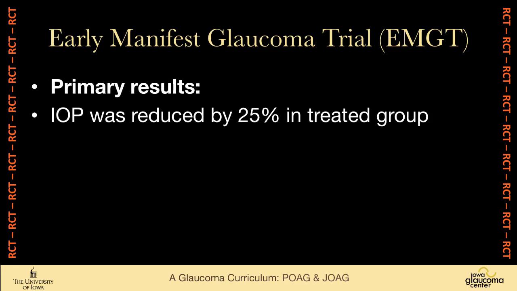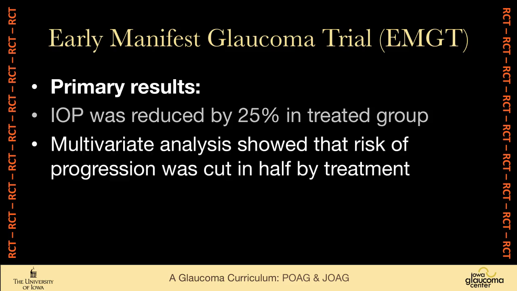So the main result was that in this study, those 2 treatments, betaxolol plus trabeculoplasty, lowered pressure on average by 25%. And in multivariate analysis of the data, the progression of glaucoma was cut in half, cut by 50% in those who were treated.